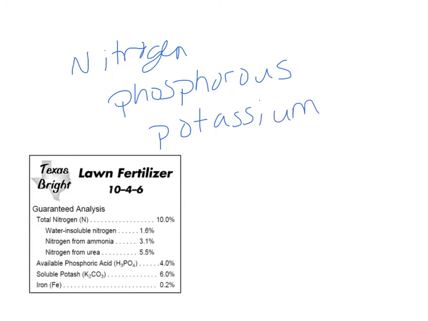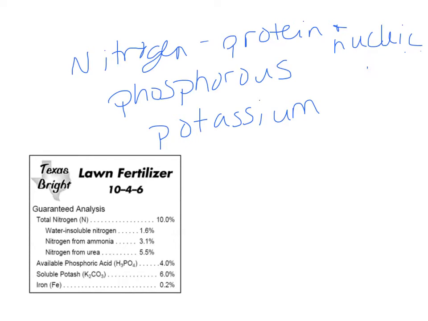If you think back to our organic compounds, remember carbohydrates, proteins, lipids, nucleic acids, nitrogen and phosphorus. Nitrogen is found in both proteins and nucleic acids. So you need nitrogen to build more DNA, to build RNA. Remember those nitrogen bases that were in there.